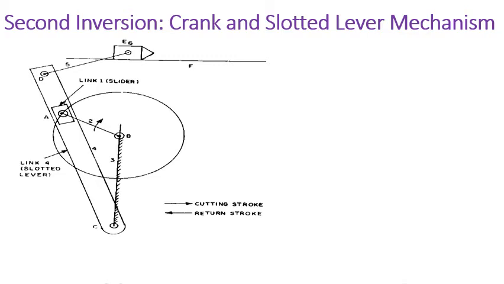As A rotates about B, A slides up and down inside this link CD and causes this slot to oscillate about the center C. Because of the sliding movement of this slider A, there is an oscillatory motion of this slot about the point C. In the meantime, this is called the ram. The ram is operated backwards and forward.